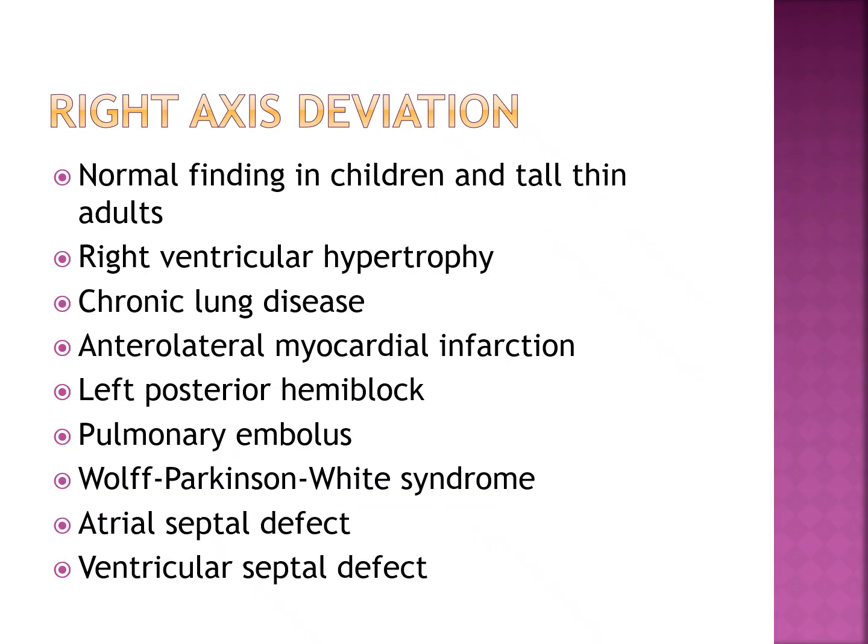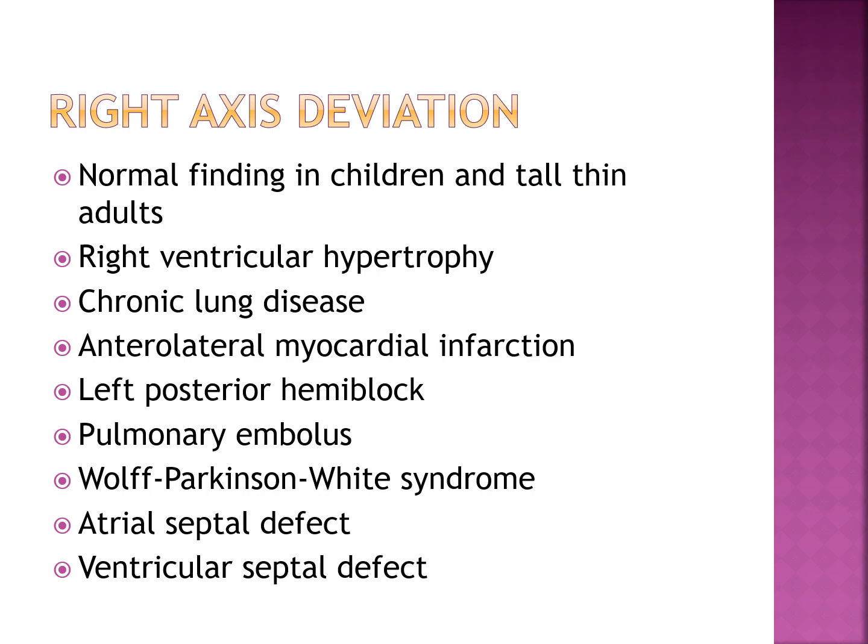So right axis is normal in children and tall, thin people. If you're tall and skinny, your heart kind of drops down a little bit more and shifts to the right. On your EKG, we might also see a right axis deviation with right ventricular hypertrophy.